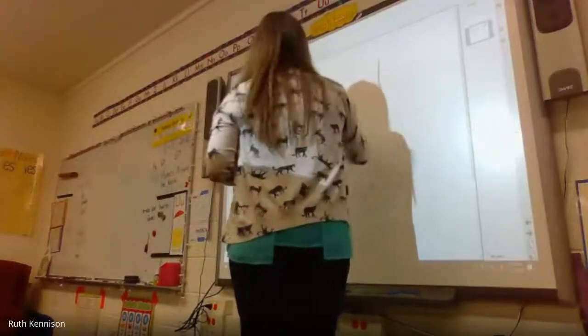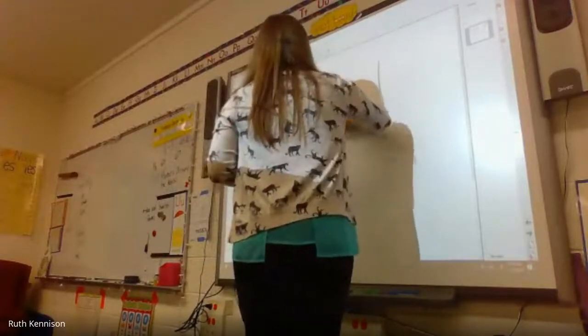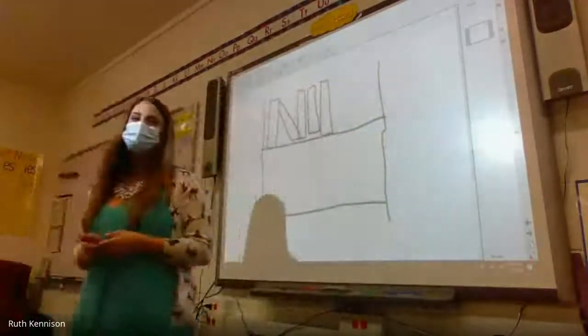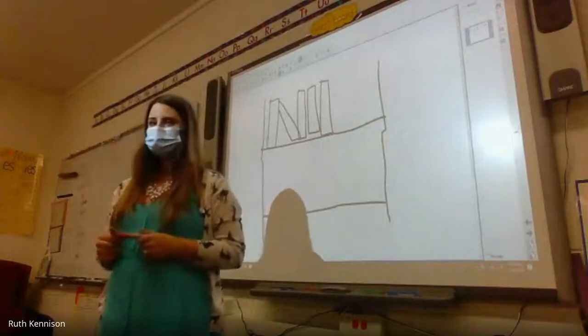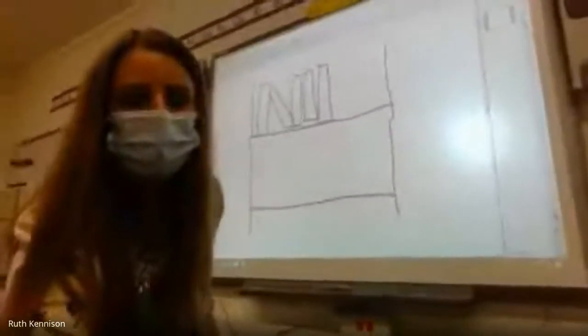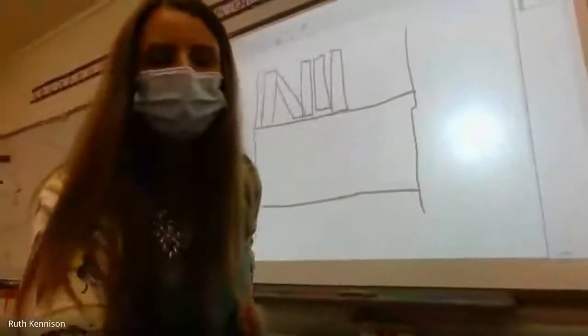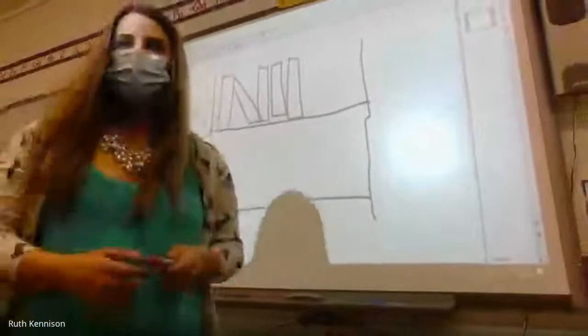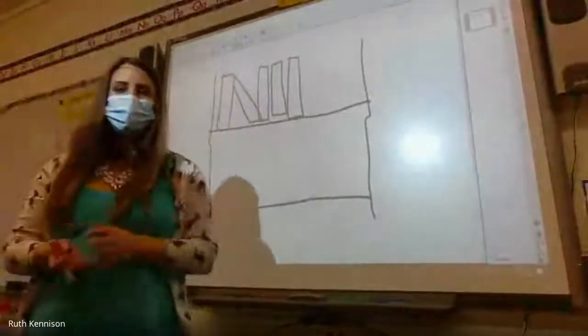Louise, get to work, please. All right. How many books are on my bookshelf? How many books are on my bookshelf? Oh, Hayden, how many books are on my bookshelf?